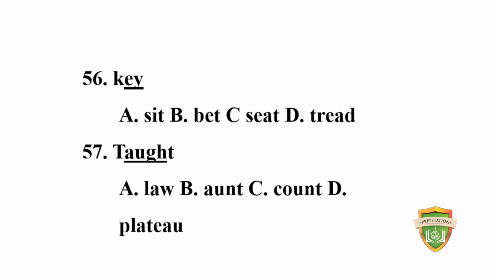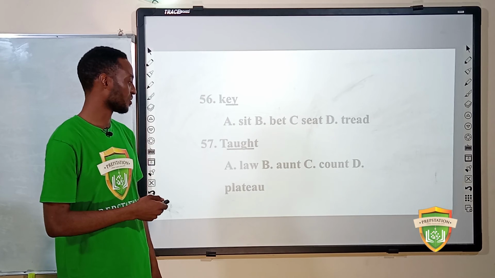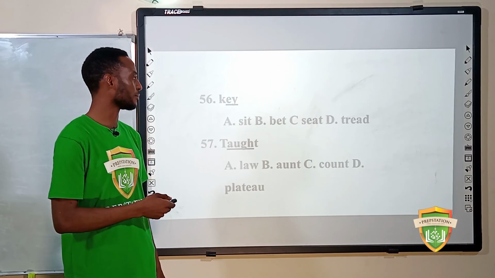D, Plato. So A is the correct answer because you have law, which is a long O sound. Art is a long A sound. Count is a diphthong, ow, count. Then Plato is also a diphthong, and as realized in letter A.